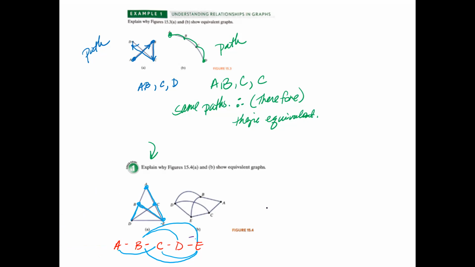Then for this one over here, I have A, B, C, D, E. So I'm going to go from A to C, then from C to E, to B, B to D, and if you take a look at this, they do have similar paths, therefore they are equivalent.